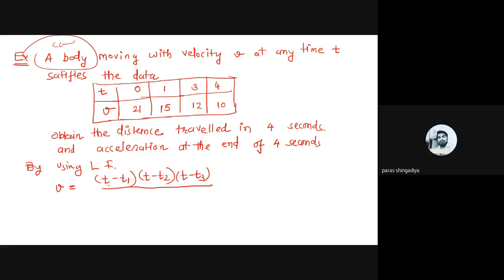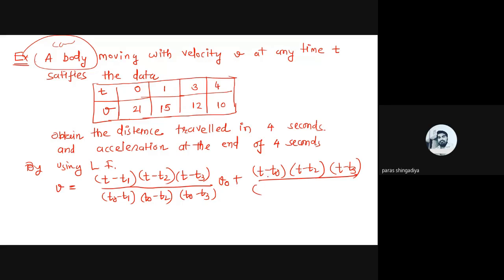Here it will be t0 minus t1, t0 minus t2, and t0 minus t3, into v0. And plus the next term: t minus t0, t minus t2, and t minus t3, divided by t1 minus t0, t1 minus t2, and t1 minus t3, into v1.